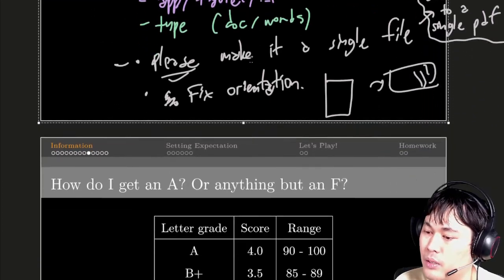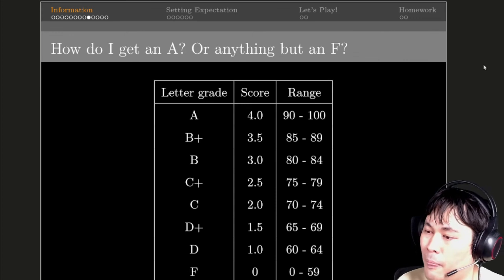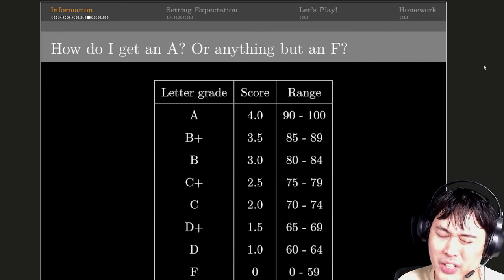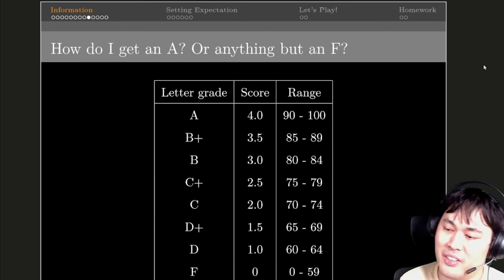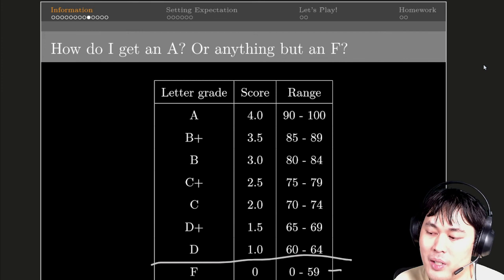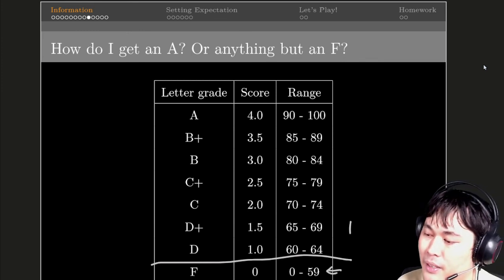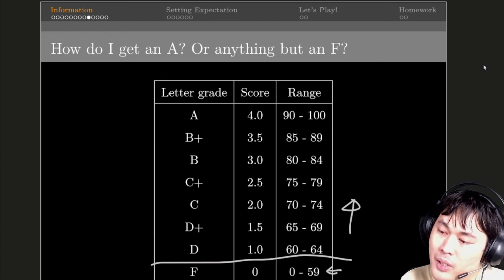There's one more thing to cover before we can stop here. We have the usual grading system. I'm not sure if you call it usual, but we have an F cutoff at 59 points. So if you want to pass this class, you need at least a D, in other words, at least 60 points.